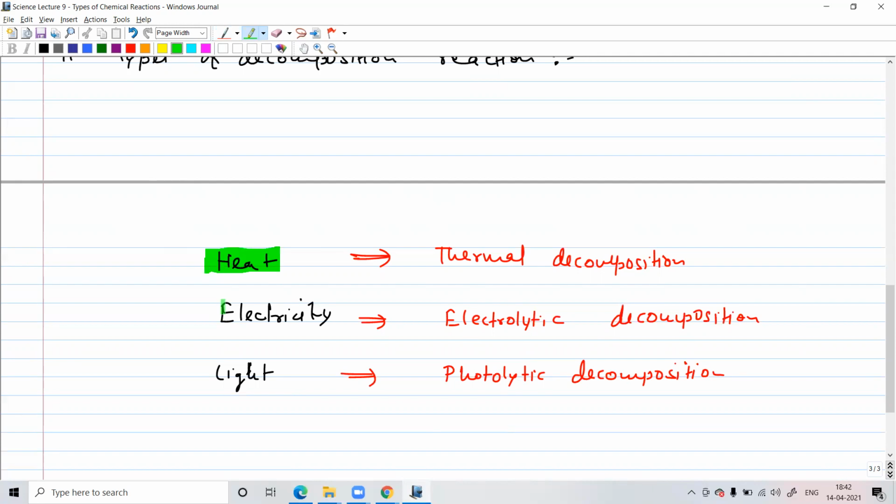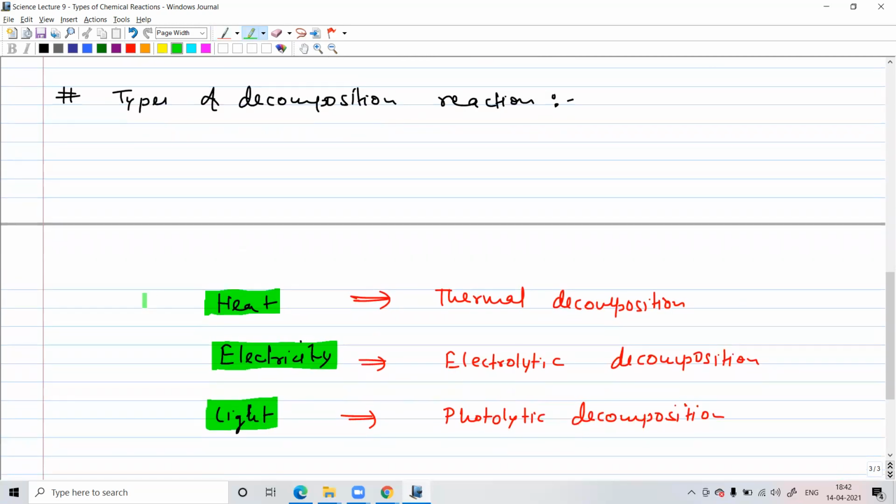Yes. You need to give some kind of energy, either heat, electricity, or light. Based on what you are giving, there is a type of decomposition reaction, and that's what you call thermal, electrolytic, or photolytic decomposition.